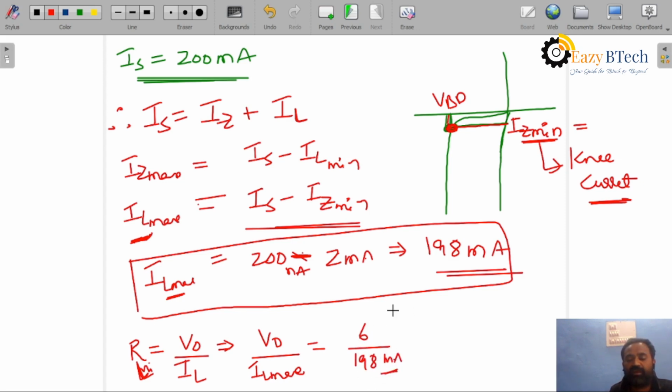Milli goes up and becomes 1000, so 6000 divided by 198, which is approximately 30.3 ohm.